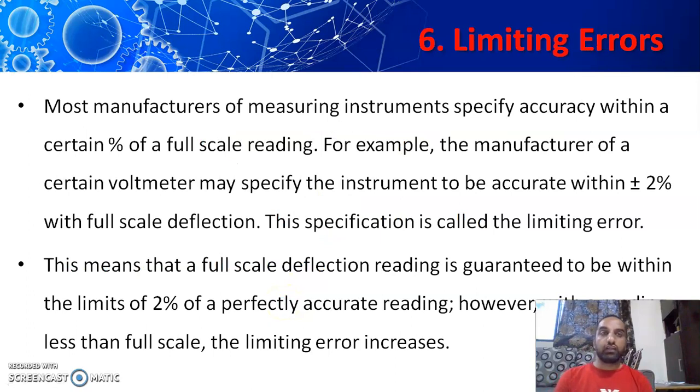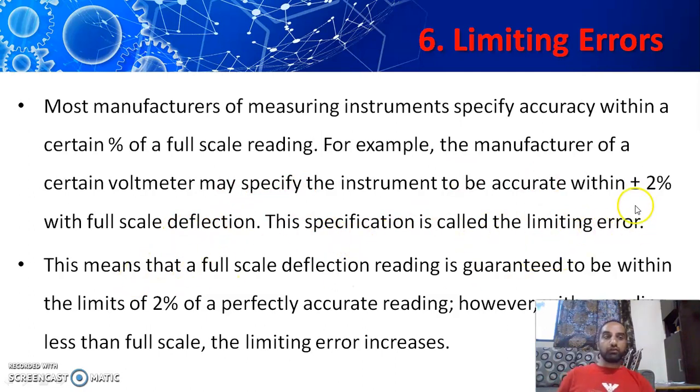And finally, there is the limiting error. What is the limiting error? The manufacturer of a measuring instrument specifies the accuracy within a certain percentage of full scale reading. For example, when the manufacturer makes a voltmeter, the accuracy of that instrument is plus minus 2% of full scale deflection, and that specification is called the limiting error.